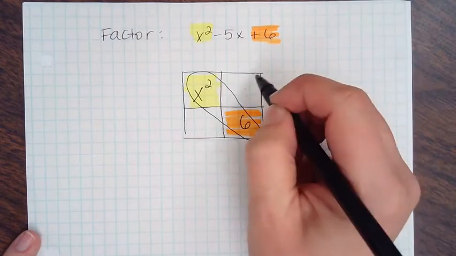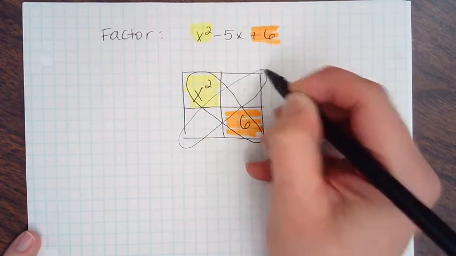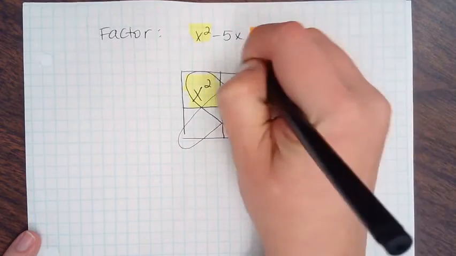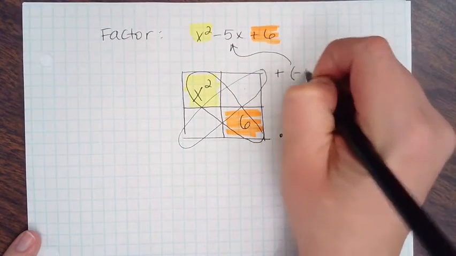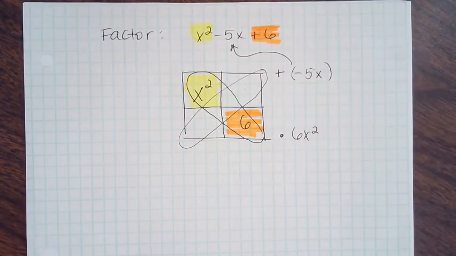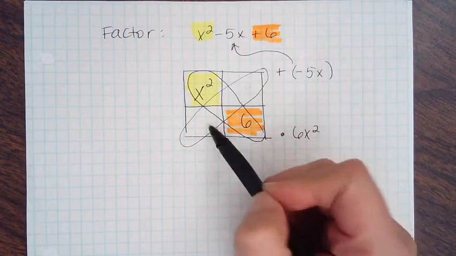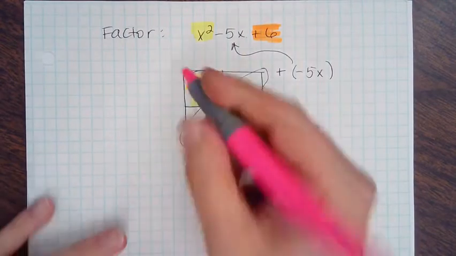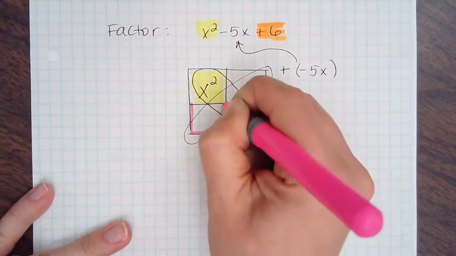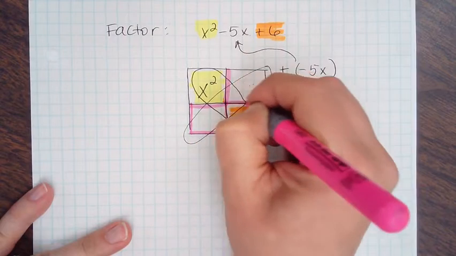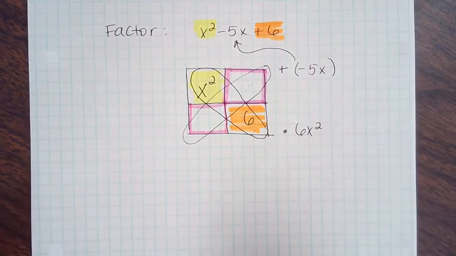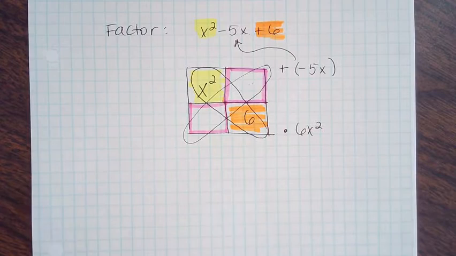And then what we also noticed was this diagonal has to add to the middle term, and in this case, that's going to be negative 5x. So these two boxes, the pink boxes, are a combination of two monomials, they're going to have variables as well, that satisfies both of those things.